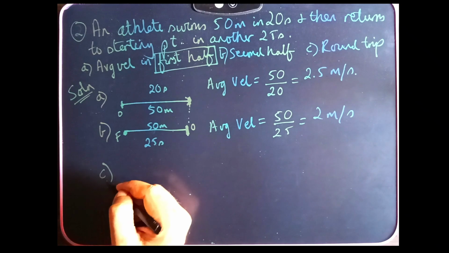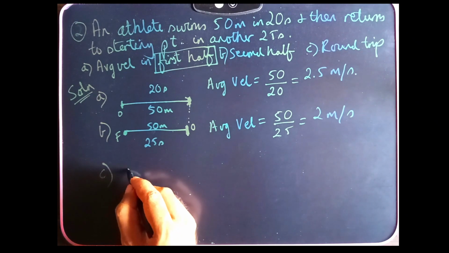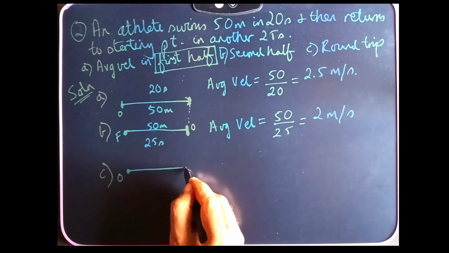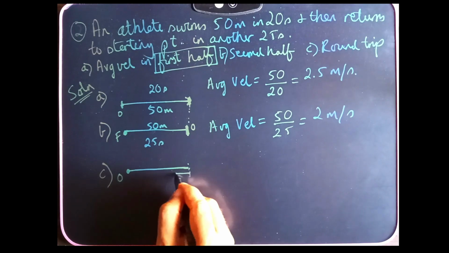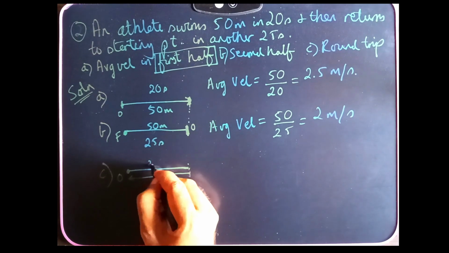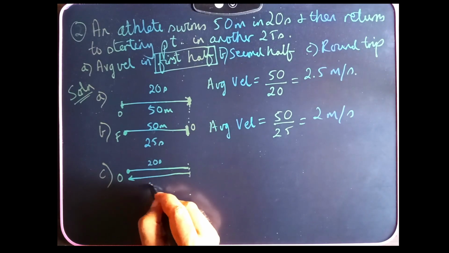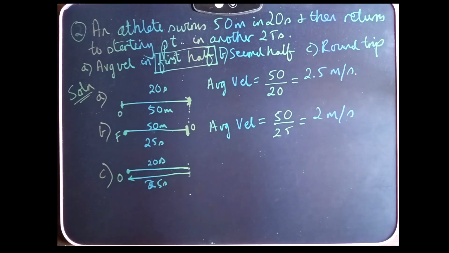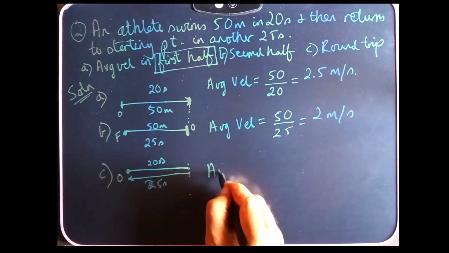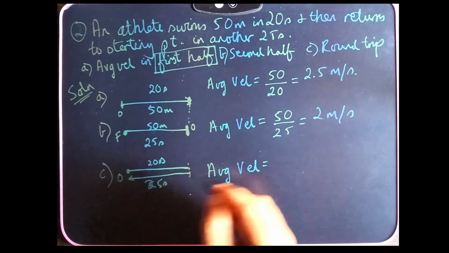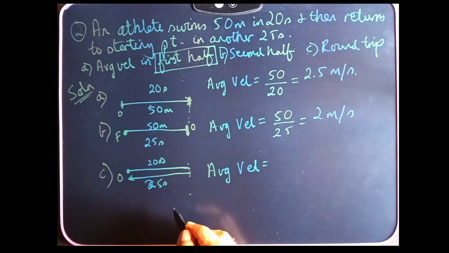So in case 3, what happened? He started from the origin, this was the origin, started here, went here, and then returned back. In the forward journey, he took 20 seconds. In the return journey, he took 25 seconds. But average velocity is change in position. In this particular case, he returned back to the starting point.